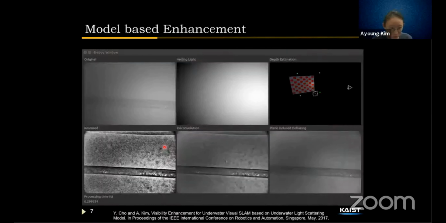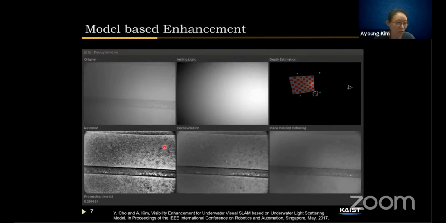So we thought we could solve this problem in three aspects. First, we had a robot. We know where we put the light source, and we know where we put the camera. So we know almost everything. We also know how far the ship hull is from us.